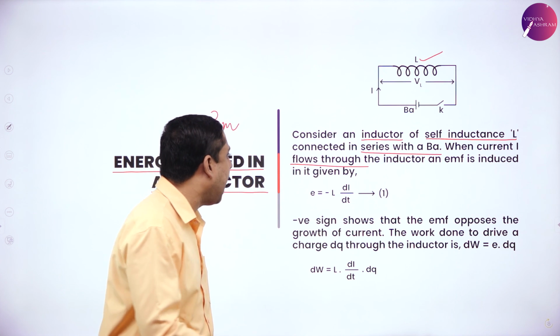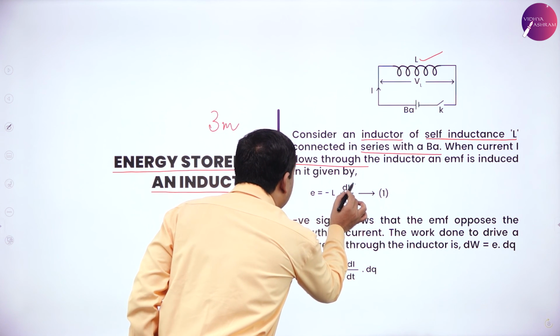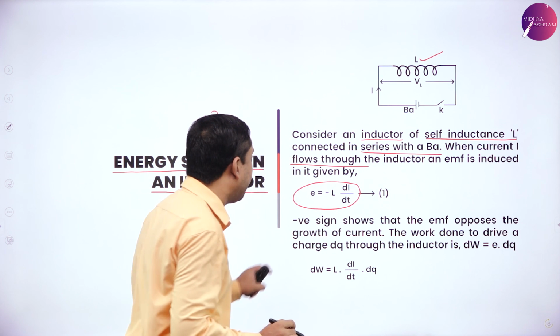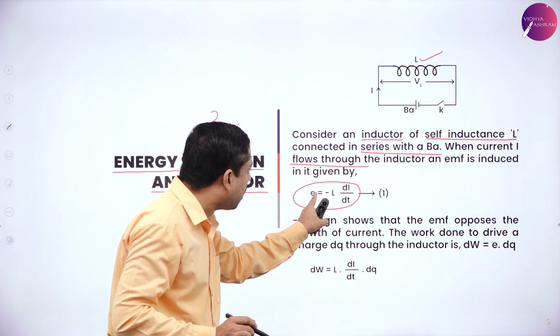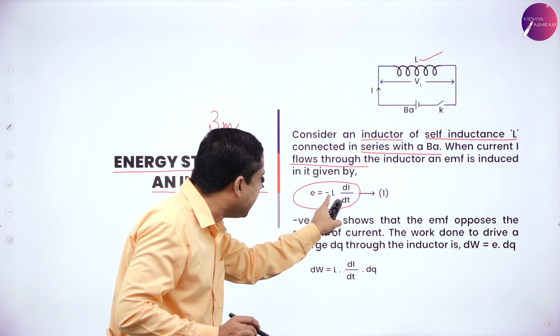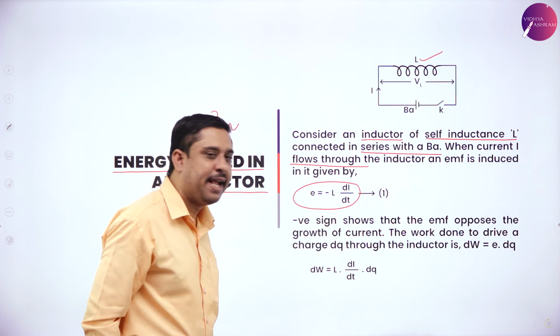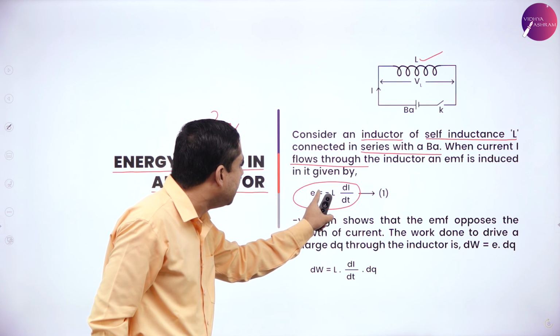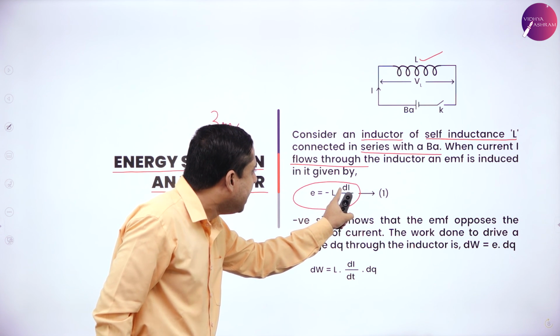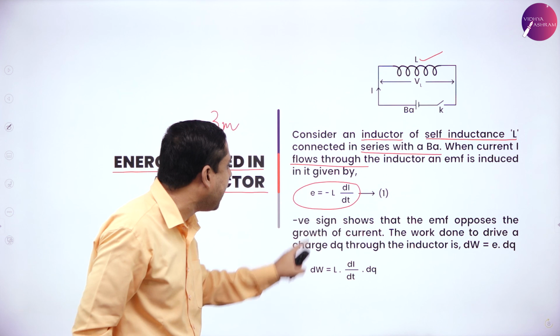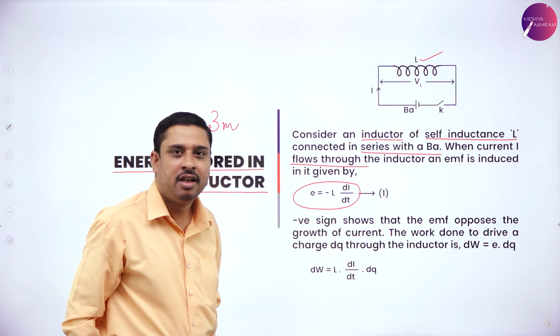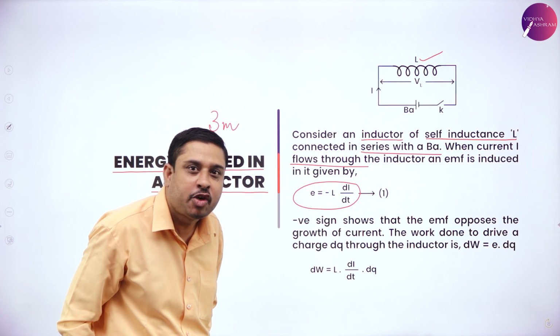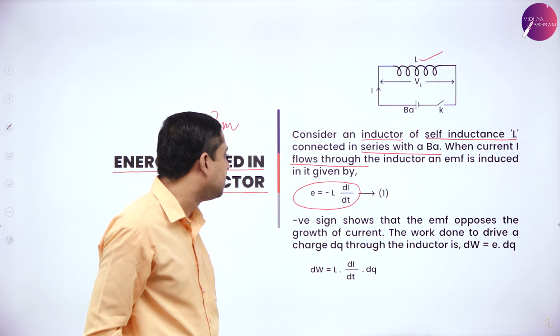So this current will change the magnetic flux linked with the coil and EMF is induced. And you saw that the induced EMF is given by E equals minus L di by dt. What was L? Coefficient of self-inductance.